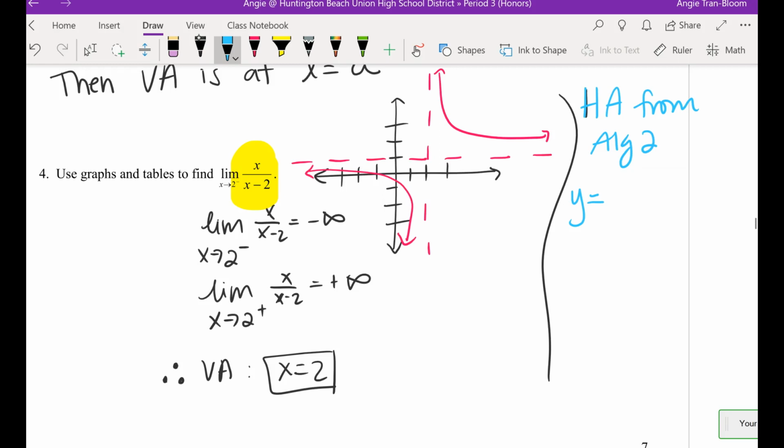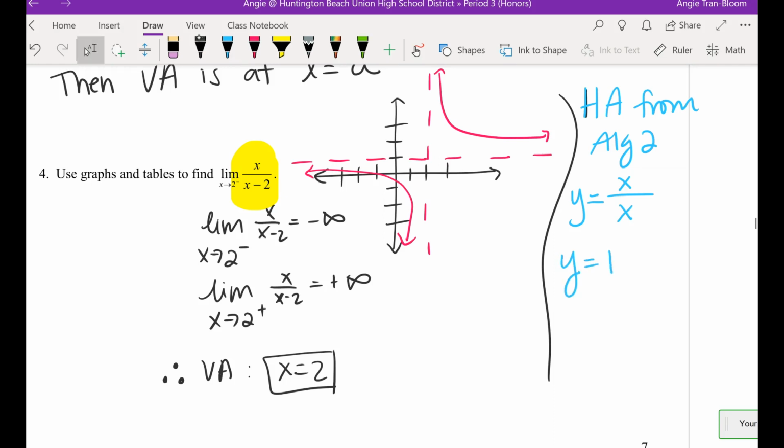For this one, you don't have a lot of choices. What's the only term on the numerator? X, right? Divided by, on the bottom you have 2 terms, but remember you're only looking for the biggest one with the degree. What's the biggest term on the bottom? X. Can I reduce this? 1. Yep, that's why I got 1.